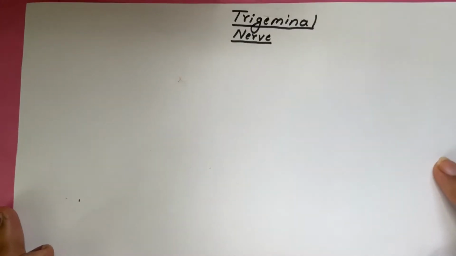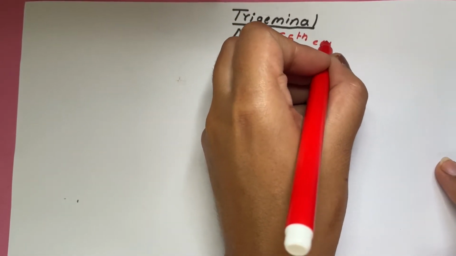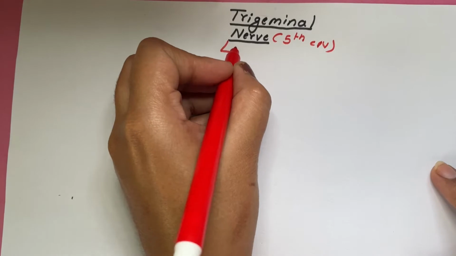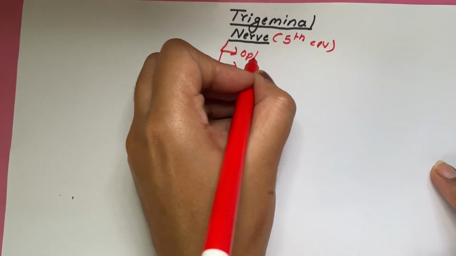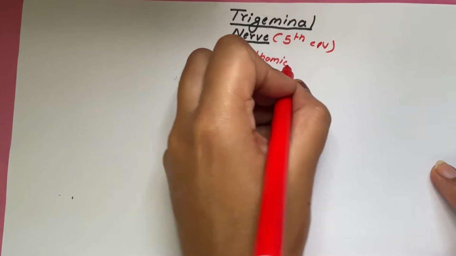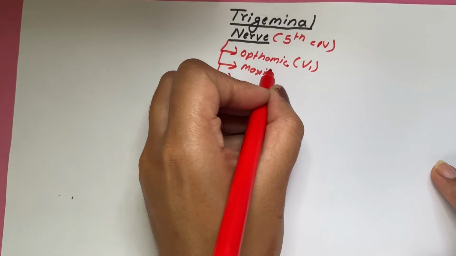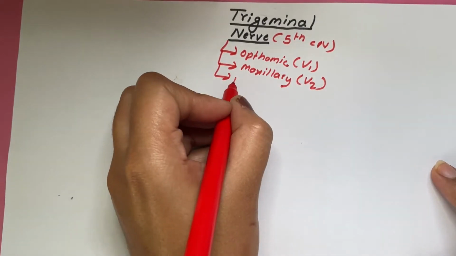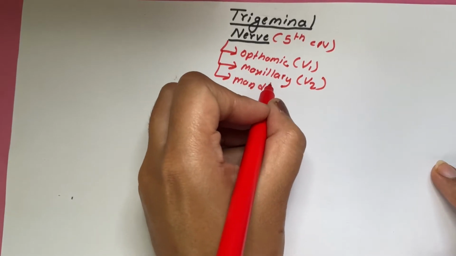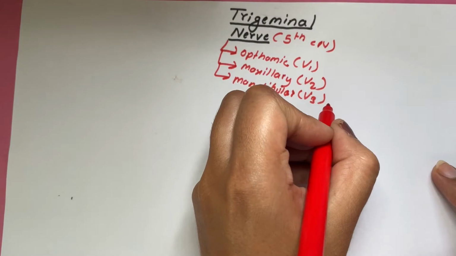As we know, this is also called the fifth cranial nerve, and it has three branches that are ophthalmic, also known as V1, maxillary, also known as V2, and mandibular, also known as V3.